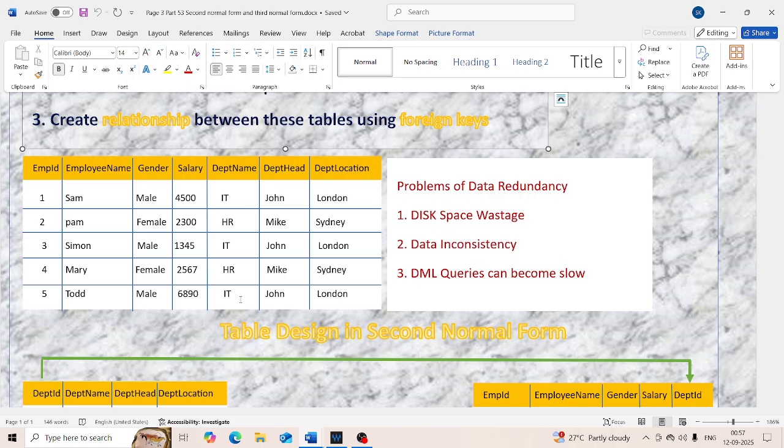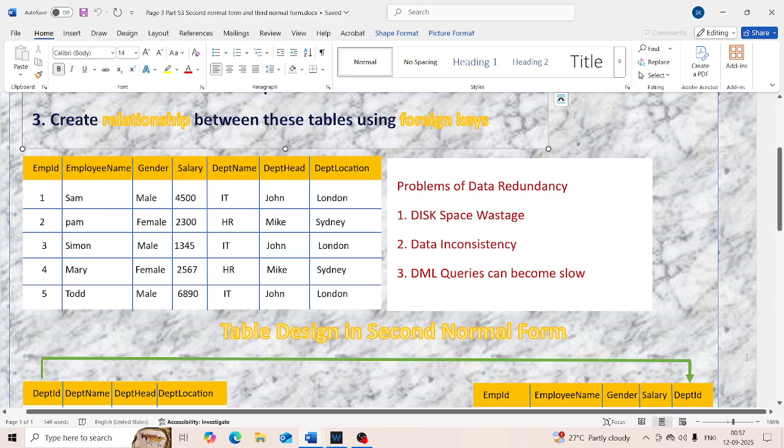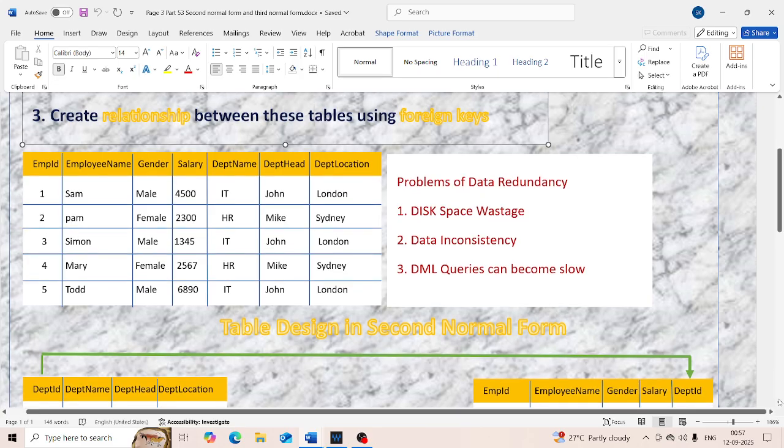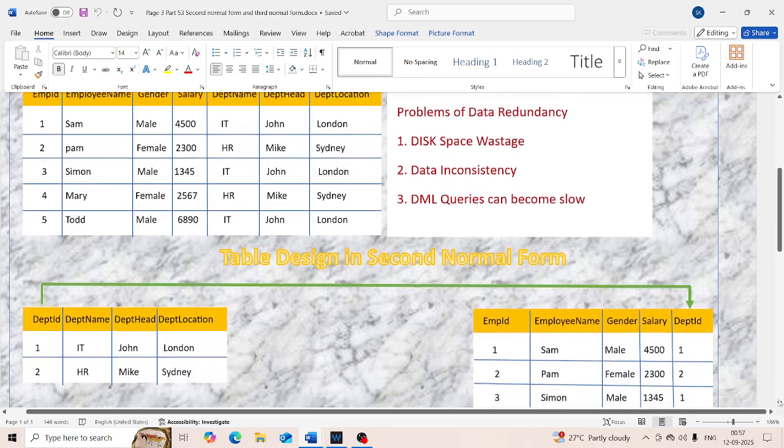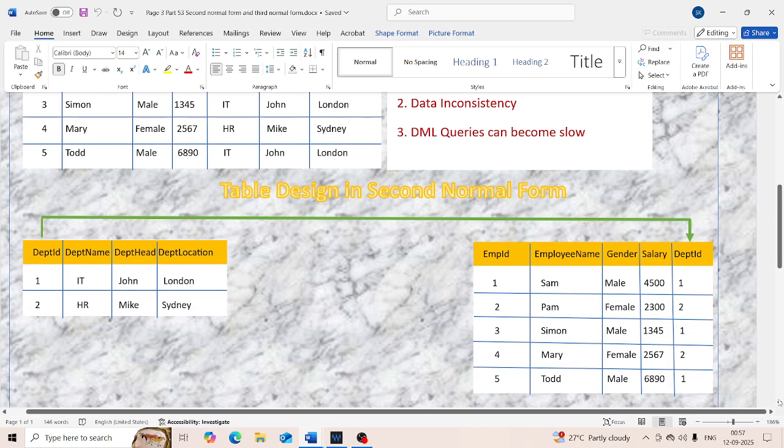Okay, so our table is in second normal form.